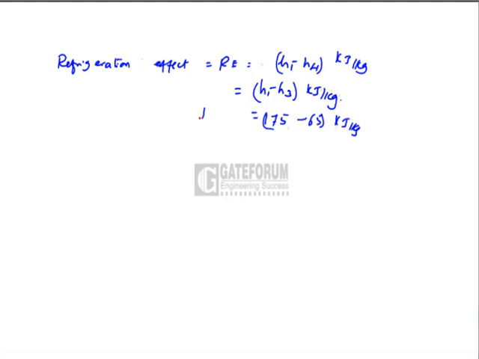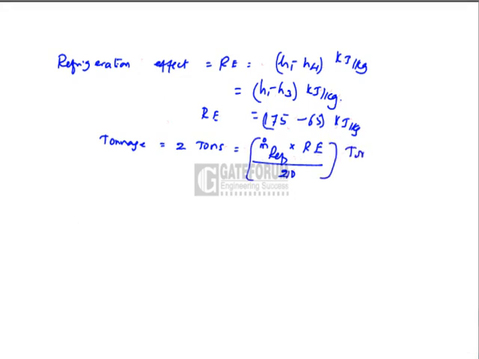This is RE. The tonnage capacity is given as 2 tons, which is equal to mass flow rate of the refrigerant into RE divided by 210, so many tons.